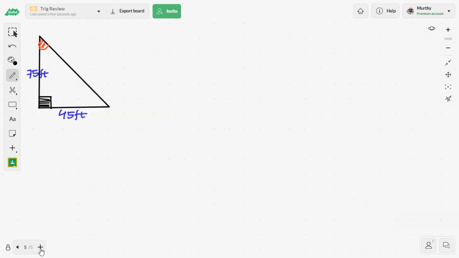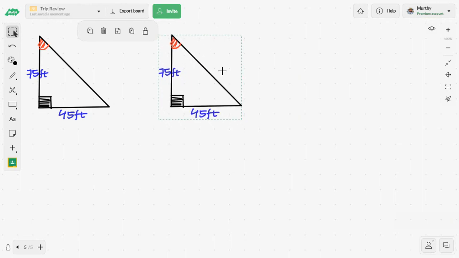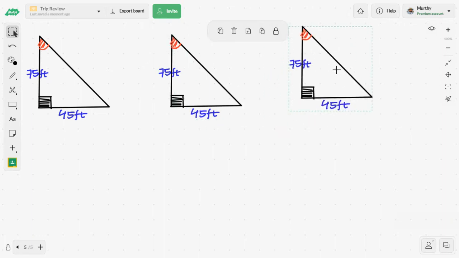And the last model is to figure out the missing angle. In this question, let me duplicate this one.